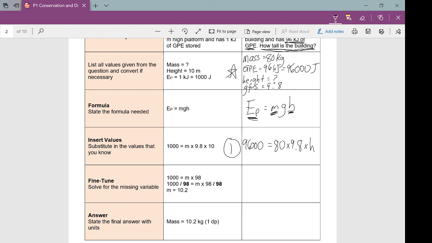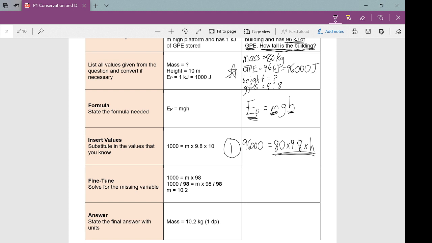So first things first, I don't really like the fact that on my right hand side, it looks a bit crowded. There's a bunch of stuff there. So just like in maths, I can clean that up, can't I? Because I have 80, I have 9.8.